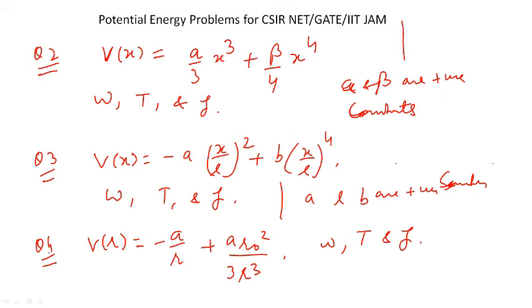the value of del V over del X, then you will put del V over del X equal to 0, and from here you will find the point.